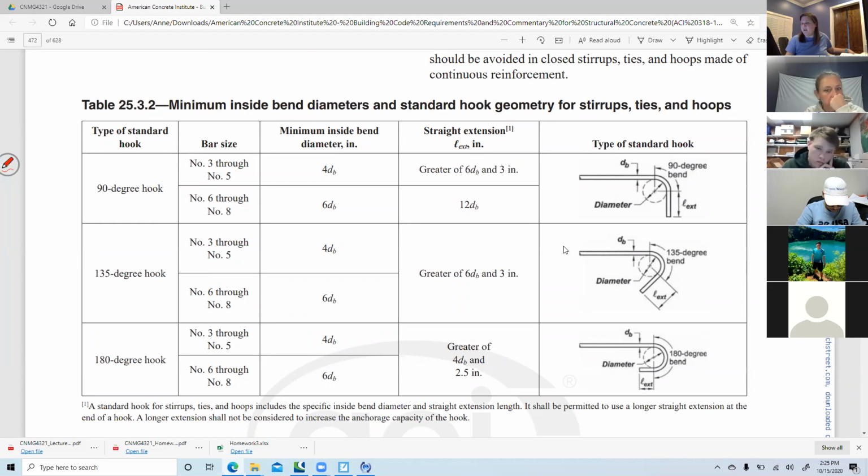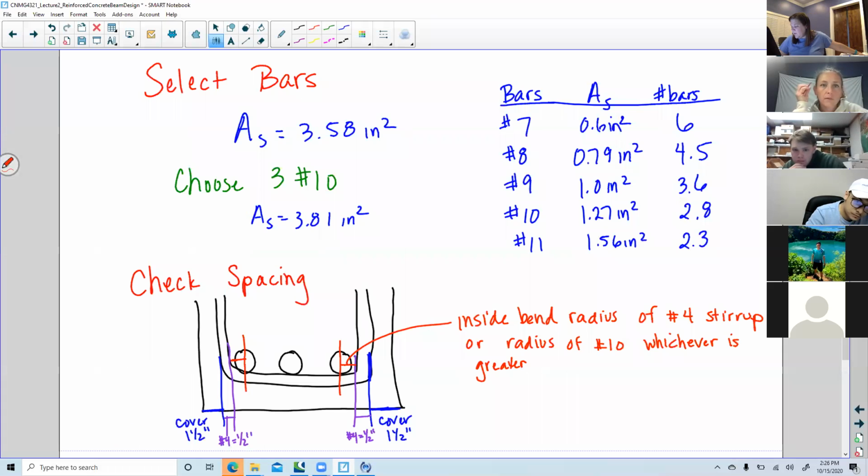I'm talking about a 90-degree hook because this is down in the bottom. A number 4, the diameter is 4 times the stirrup diameter. So the radius is 2 times the stirrup diameter. Again, it's on page 470. Two times the diameter of the stirrup, so that's an inch.